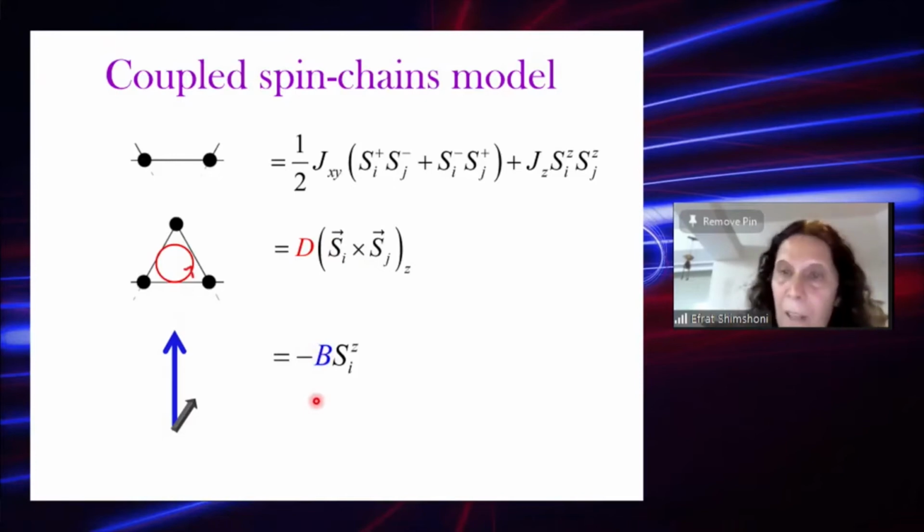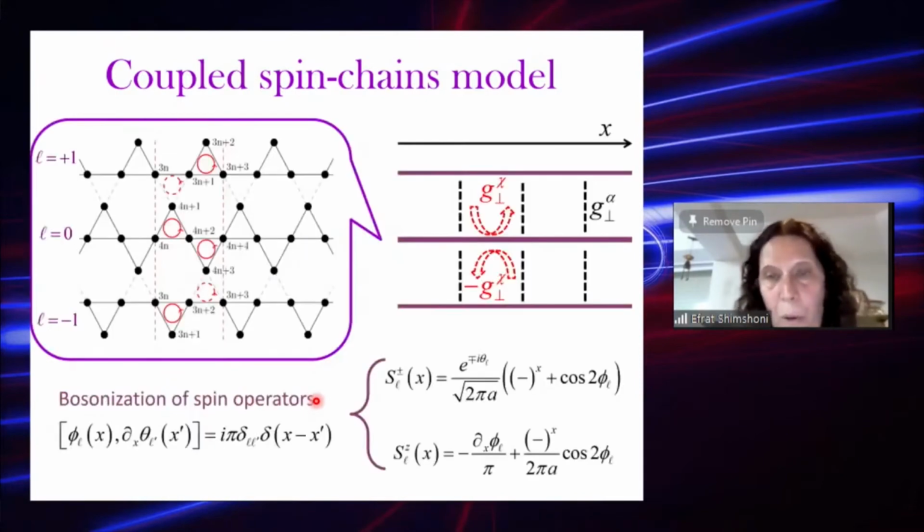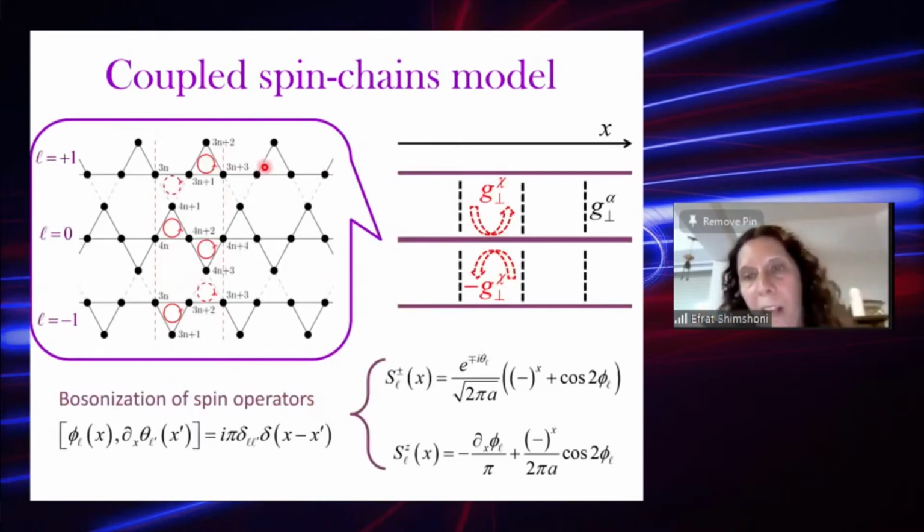So I'll better skip the details of the theory because I don't have time. Let me just mention briefly what the idea is. It's basically mapping this three-chain system into three coupled Luttinger liquid wires via bosonization, by mapping the spins to bosonic operators.